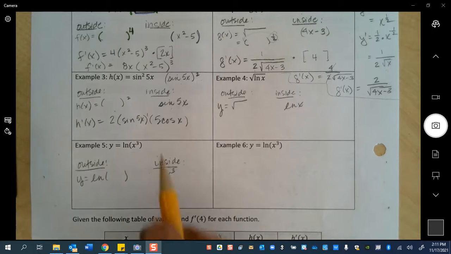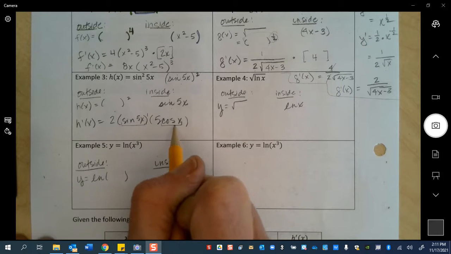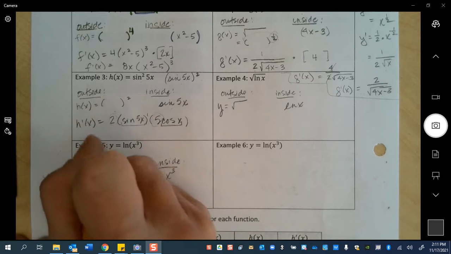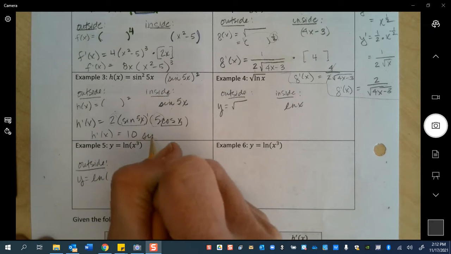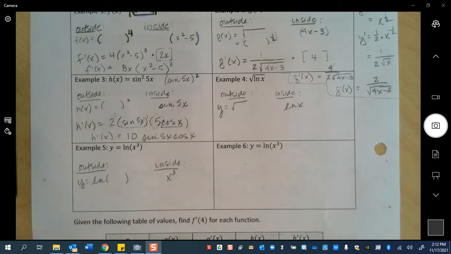So this becomes, and remember the sine of 5x and the cosine of x, those are values. This is a coefficient, this is a coefficient. So my h prime of x is going to be 10 sine of 5x cosine of x.